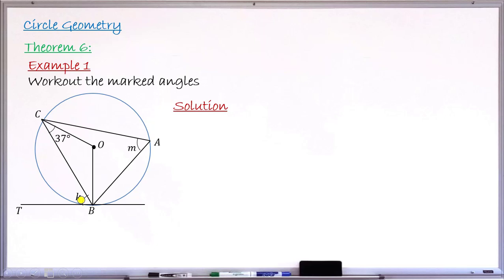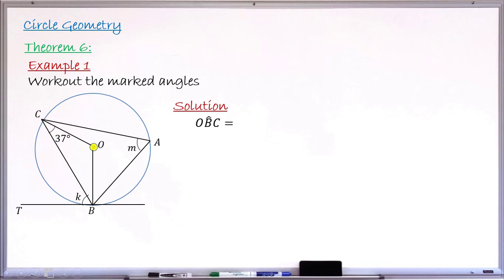I can find K. So let me think how I can find this angle. Angle OBC will be the same as 37 degrees because these two angles, 37 and this angle, look at it, they are base angles of this triangle, and this triangle is an isosceles triangle because two of its sides are radii, OB and OC.